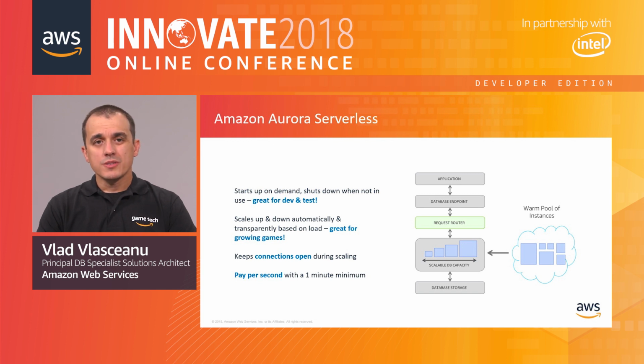And with Aurora Serverless, you only pay for the amount of resources that you consume at any given point in time. So we have the concept of an Aurora capacity unit, which is roughly the equivalent of 2 gigabytes of RAM, and the associated amount of compute and networking capabilities.